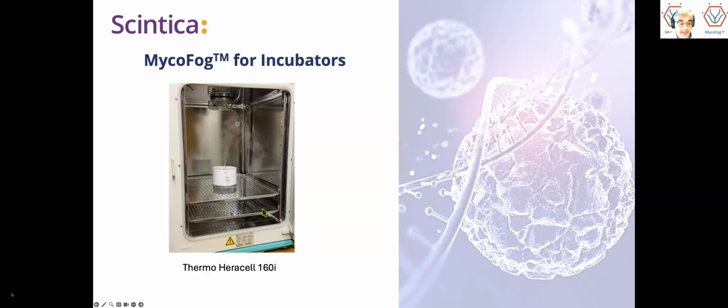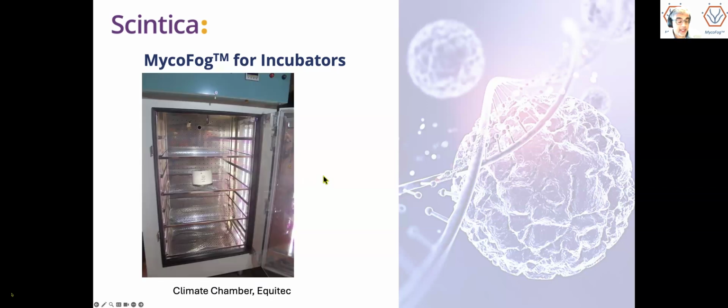Just showing 2 shelves here, but sometimes you get them with 4, sometimes with 6, but you can put them in the slots that are underneath and maybe even raise this one up. Here's a climate control chamber. He hasn't moved the shelf yet to below, but just to show you, a larger climate control chamber also accepts MycoFog. As long as it's a closed system, airtight, and with temperature control, that's our target.